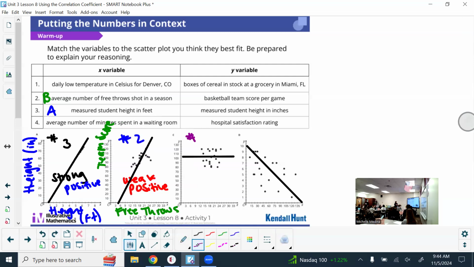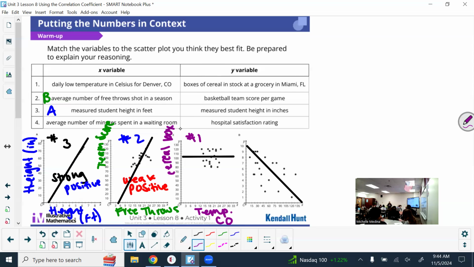So now we're pairing it with number 1, which is my temperature in Colorado and my boxes of cereal in stock at a grocery store in Miami. Do you guys agree those don't really have a relationship? All right, none at all.